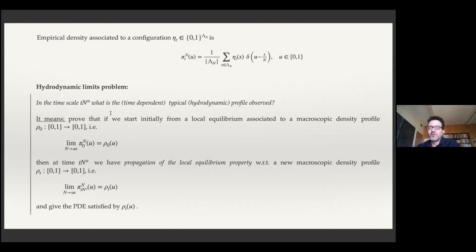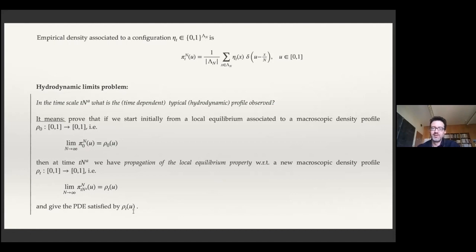In some suitable time scale, T_N^a, where a has to be fixed and determined, you let N go to infinity and look at the system in a long time scale which depends on N. If you assume that initially your empirical density measure is close to some macroscopic profile rho_0, then in this time scale you expect that your empirical density profile will be close to some new macroscopic profile.